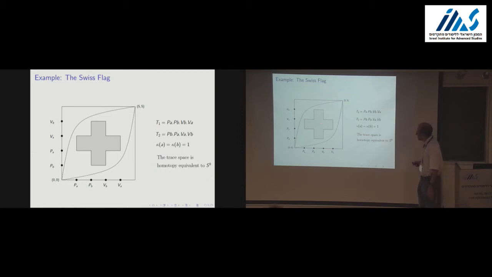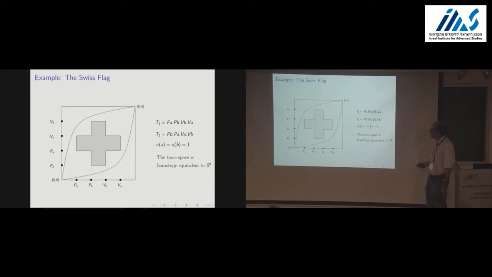Because this point lies between PA and VA for process 2, and lies also between PA and VA for process 1. So it's disallowed, and so on. And so we get this Swiss flag.